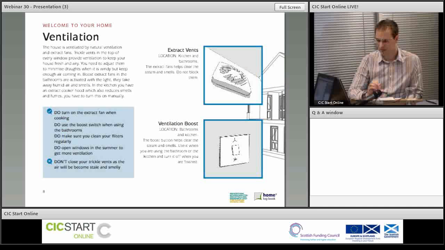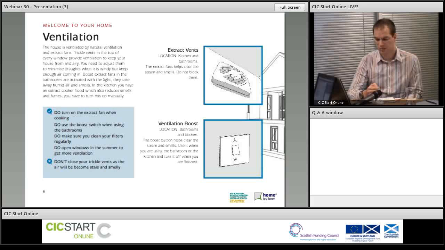Ventilation, I think, is one of the areas that is of significant concern to Miru and the School of Art, in that we're finding that quite a lot of houses are quite poorly ventilated, even with adequate ventilation according to the building regulations.